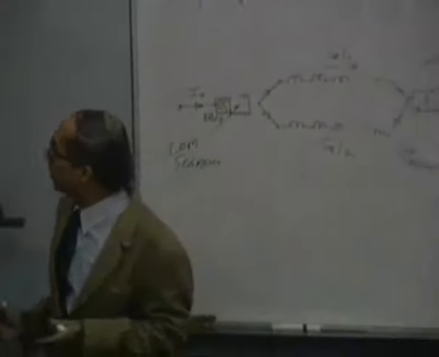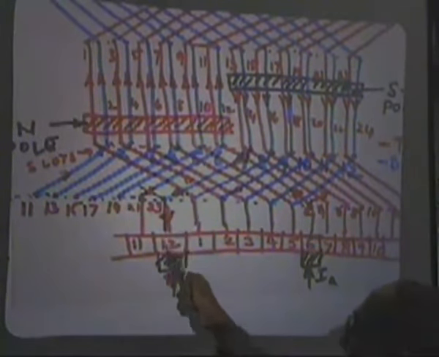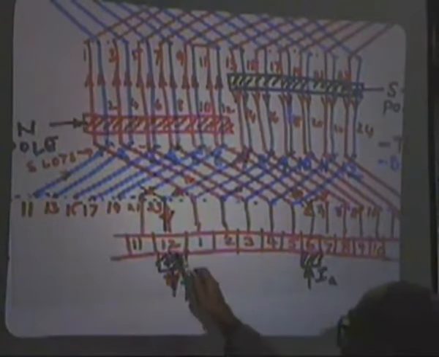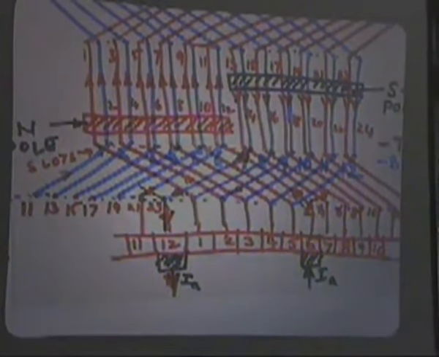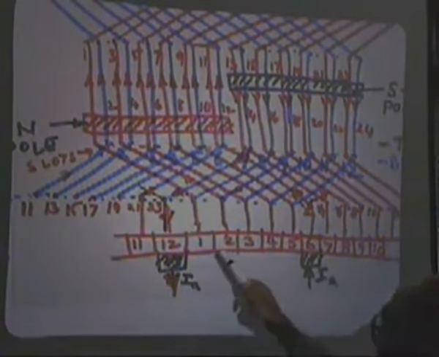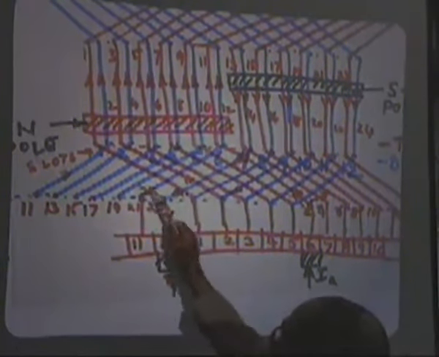So, in this picture we have seen that it is coming out in this commutator segment 12 and is going in at the commutator segment 6. So, when it is coming out, as we say, at this junction current is entering from both sides and at this junction current is leaving.